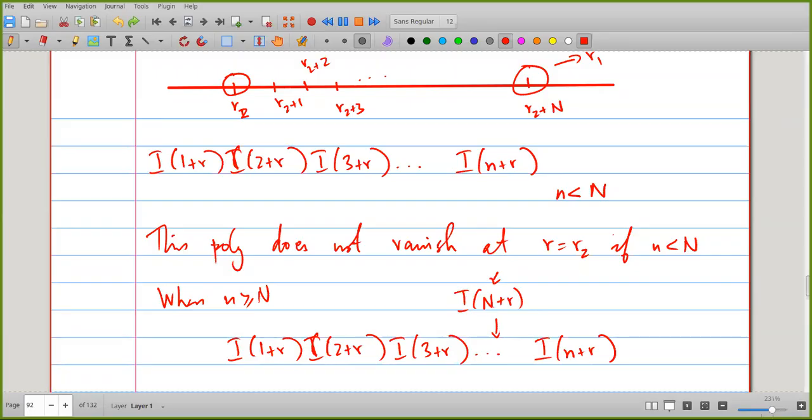There's going to be a quadratic equation which has roots R1 plus n and R2 plus n. So anyway, this will vanish exactly to order 1 at R2, and the remaining ones won't vanish.